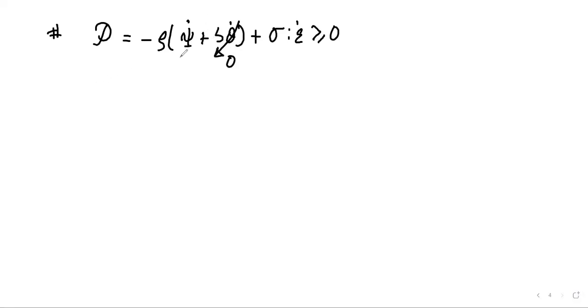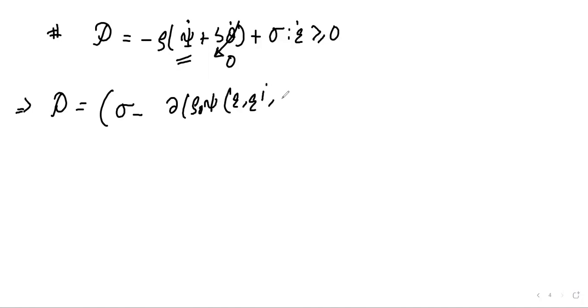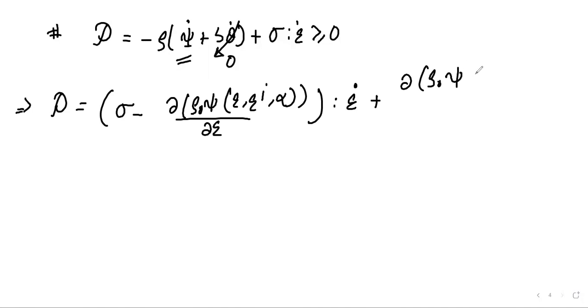Now we're going to plug in the expression for chi dot in this expression. So what we're going to get is rho minus del rho chi, a function of epsilon, epsilon I, and alpha, del chi, contracted with the strain rate epsilon dot, plus del rho chi of epsilon, epsilon I, alpha.